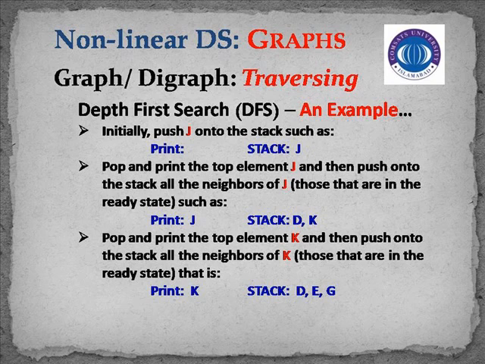Dear listeners, to accomplish this all, initially push J onto the stack and print nothing. After that, pop and print the top element, which is J, from the stack, and then push onto the stack only those neighbors of J that are in the ready state.